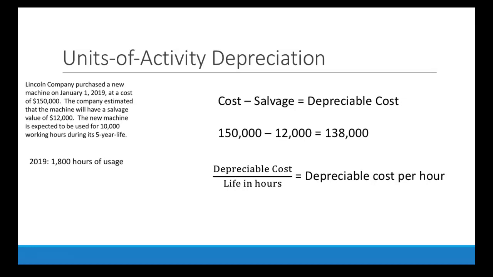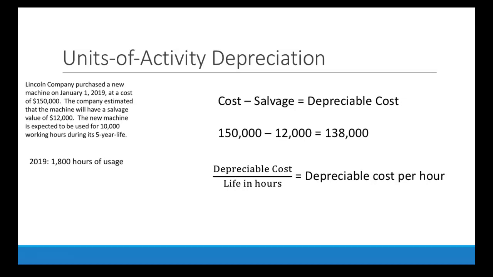Now you'll notice the next line talks about how we solve for the depreciable cost per hour. So we're not finding our depreciation expense up next. Right now we're trying to figure out depreciable cost per hour. We do that by taking the depreciable cost that we just solved for, that 138,000, and divide it by the life in hours. Right?